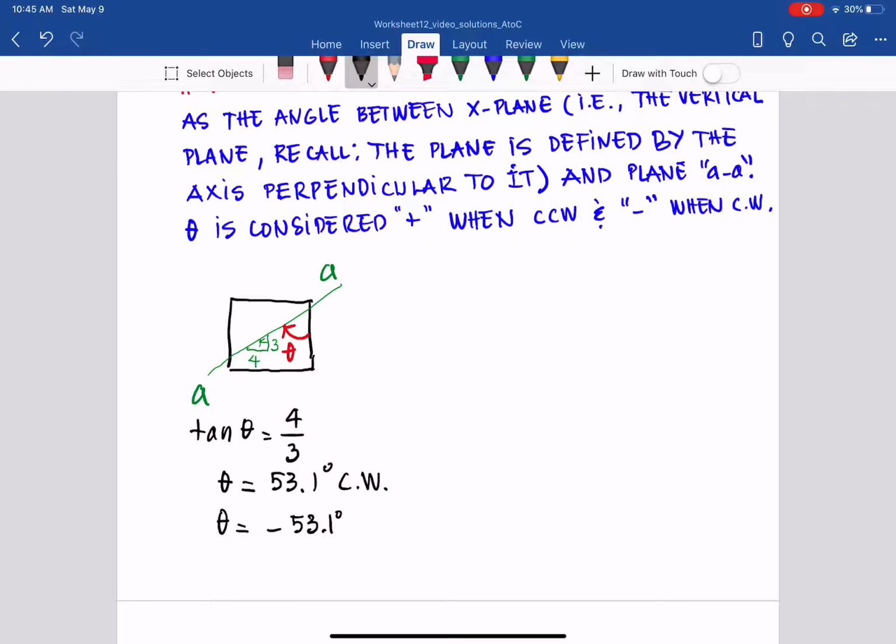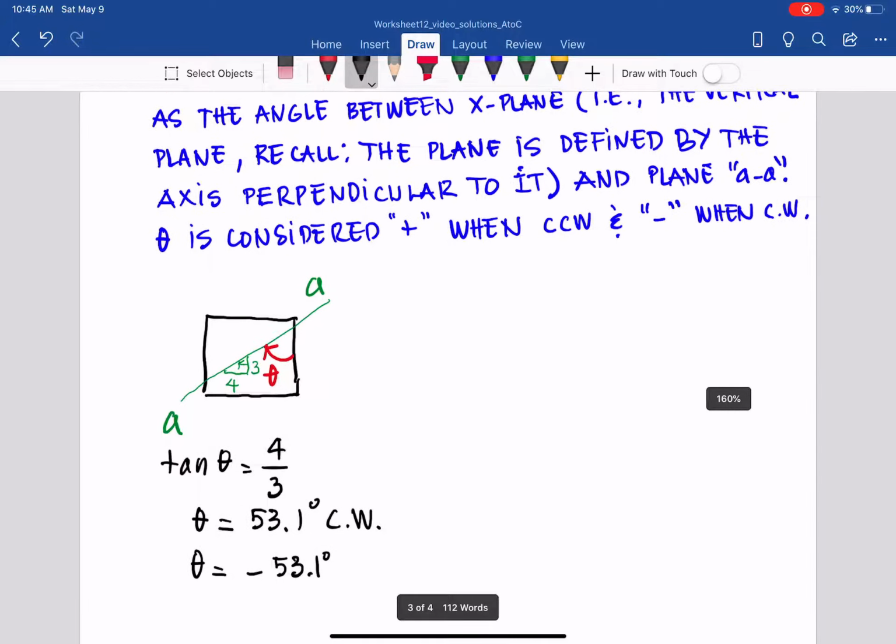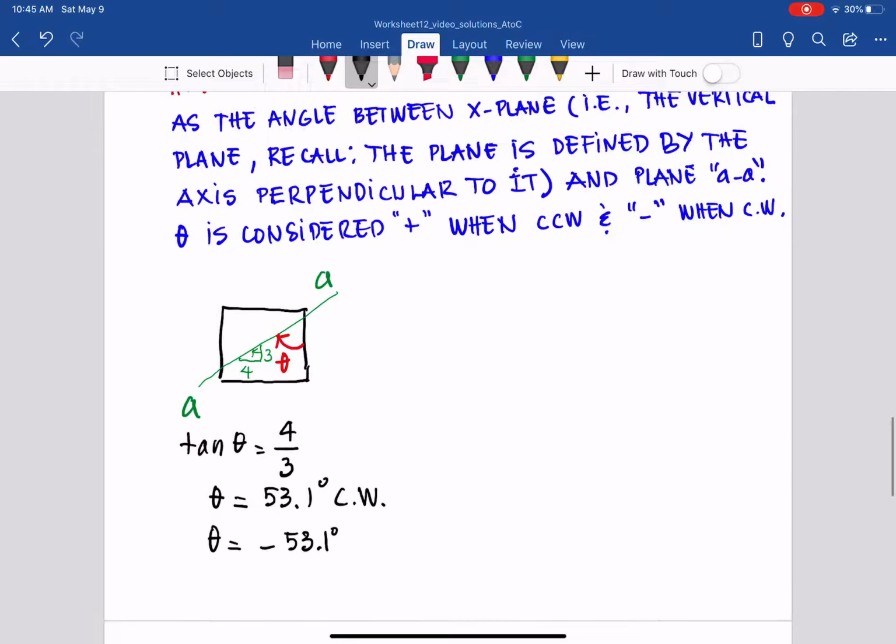Or the other way to define it is from the x plane. Like I said, the plane is defined by the axis perpendicular to it, so you can do it the other way, which is very simple.